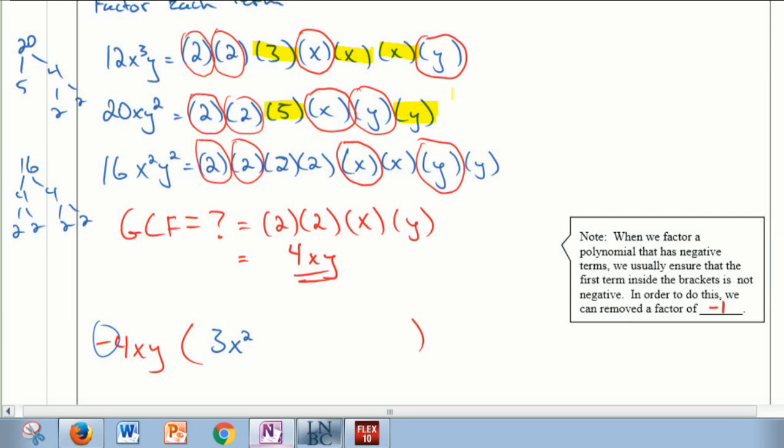Again, it started out negative, but now I have a negative out front, it will become positive. So I have positive 5y. In my last, my 16x squared y squared, I see that I'm left with a 2, an x, and a y. So 2 times 2 gives me 4. X times y just gives me xy. And again, it was negative, but now it becomes positive.